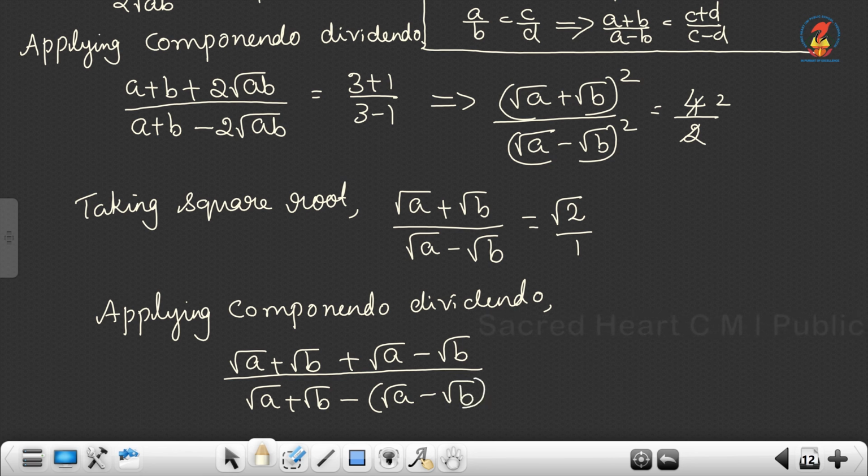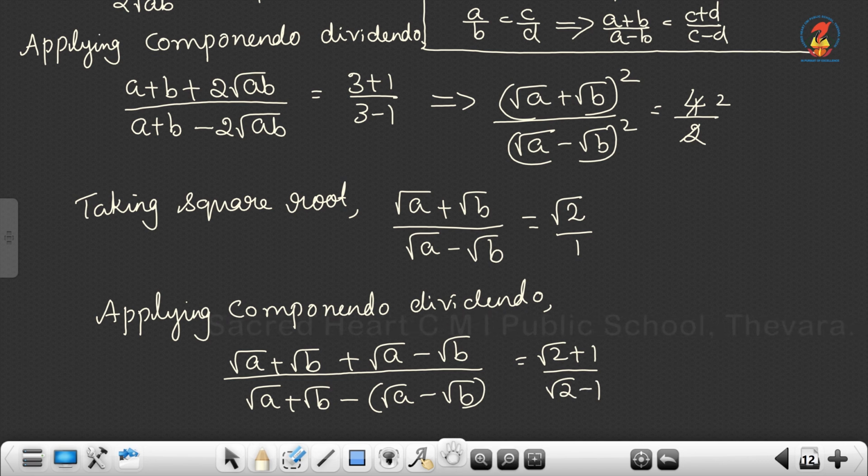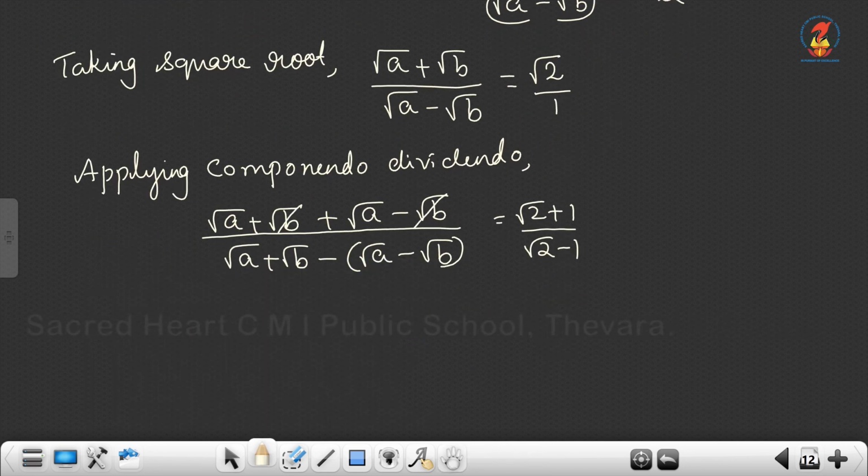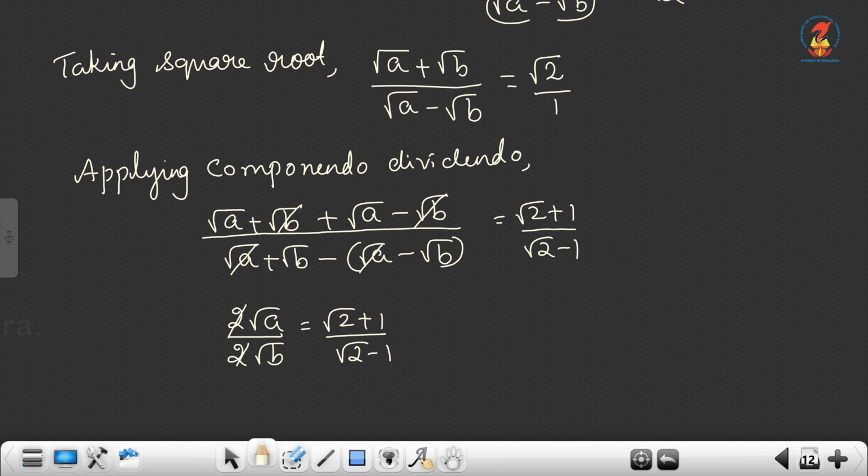So put a bracket here. Then the right side is root 2 plus 1 by root 2 minus 1. Now in the numerator we can cancel this root b, and in the denominator we can cancel root a. So 2 root a by, minus of minus is plus, 2 root b. 2 and 2 we can cancel. Root 2 plus 1 by root 2 minus 1.